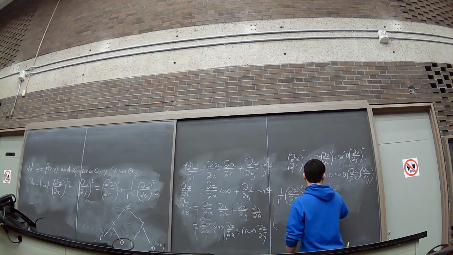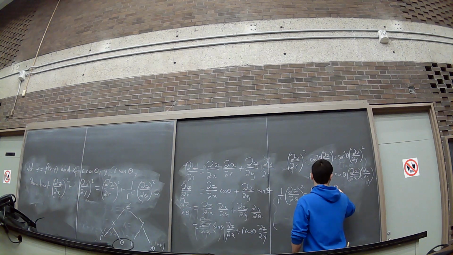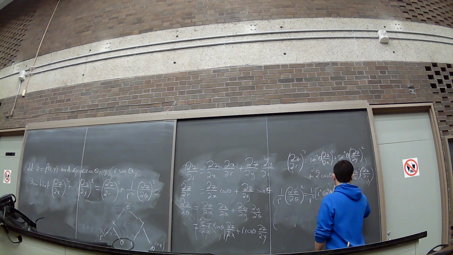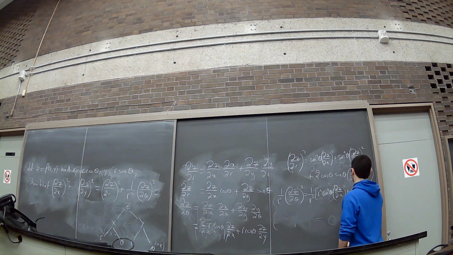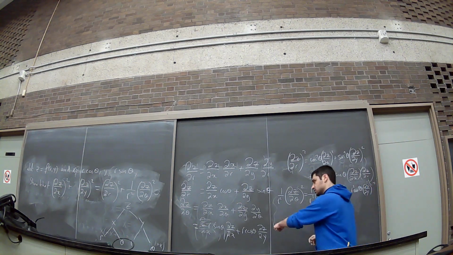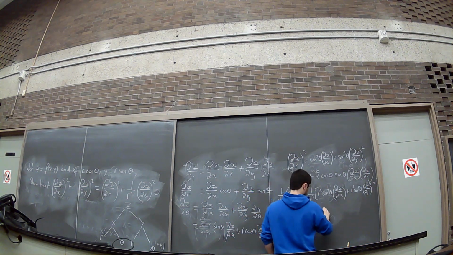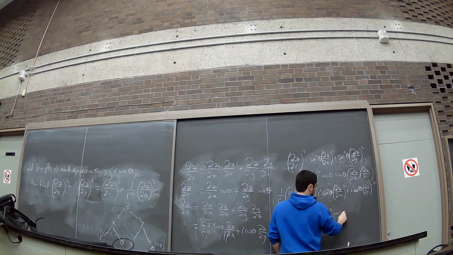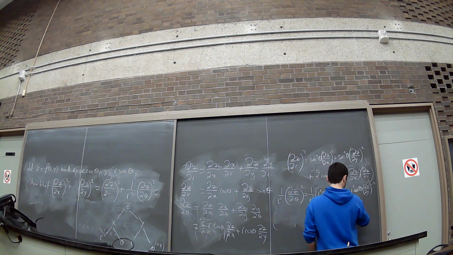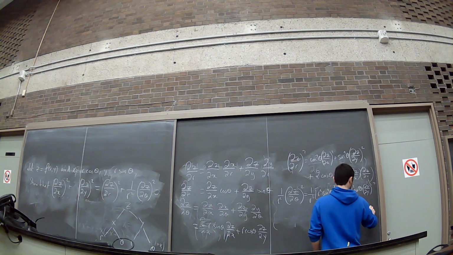Let me start here. r squared sine squared theta del z del x squared plus r squared cos squared theta del z del y squared minus 2r squared sine theta cos theta del z del x del z del y. Right?